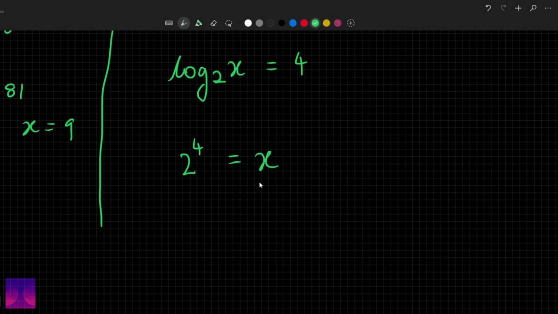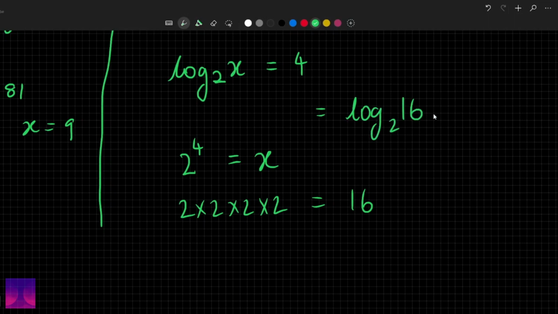Now 2 to the power 4 means 2 into 2 into 2 into 2, and that's equal to 16. So x equals 16. So the final answer is log base 2 of 16 equals 4. If you want to check it, 2 to the power 4 is 16. It's correct. Let's take another example.